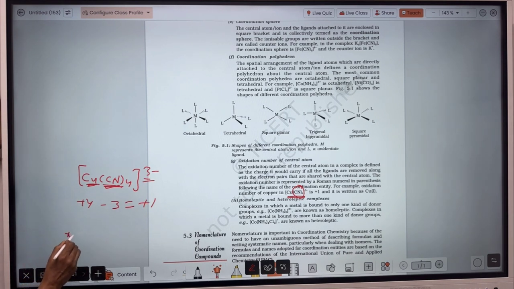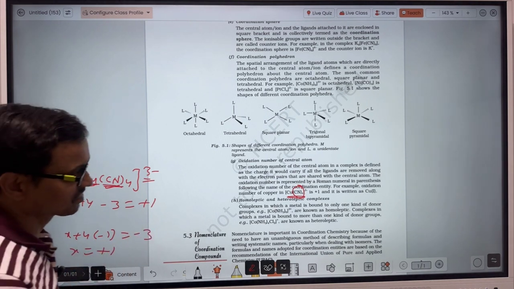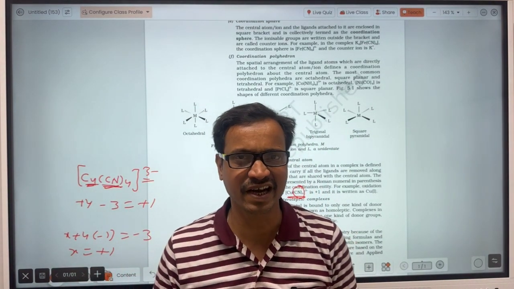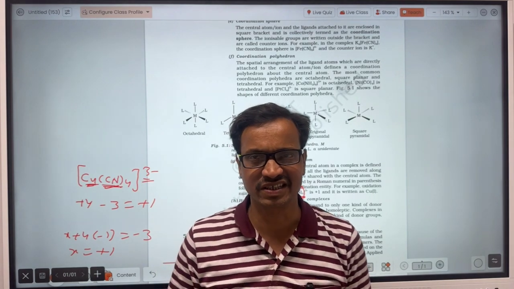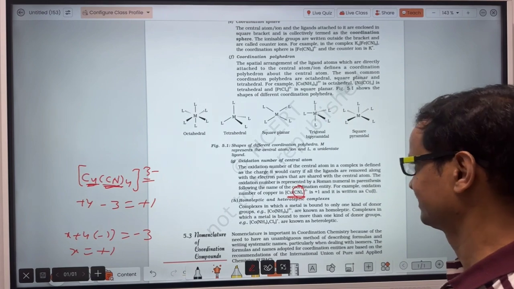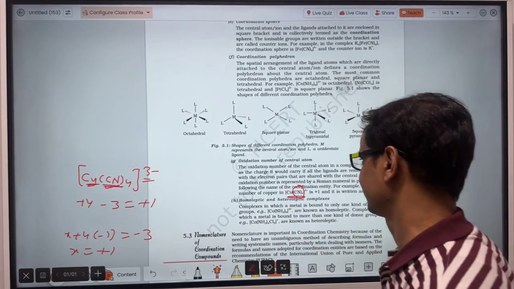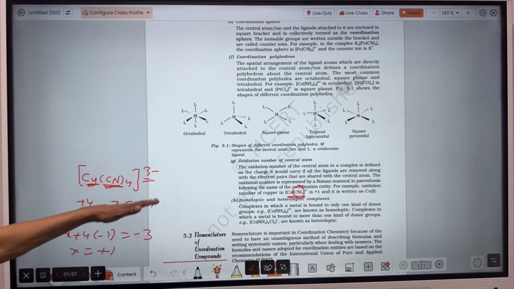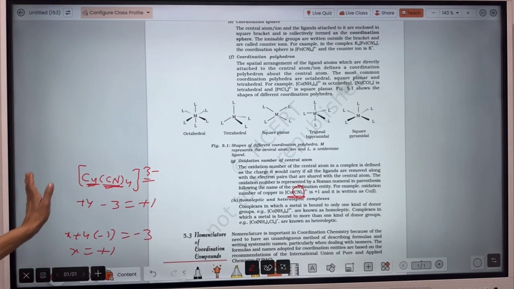You can also find it out as x plus 4 into minus 1 equals minus 3, so x equals plus 1. So oxidation number is the charge that appears on the central atom when all the ligands are supposed to be removed from the central atom. That is called oxidation number.